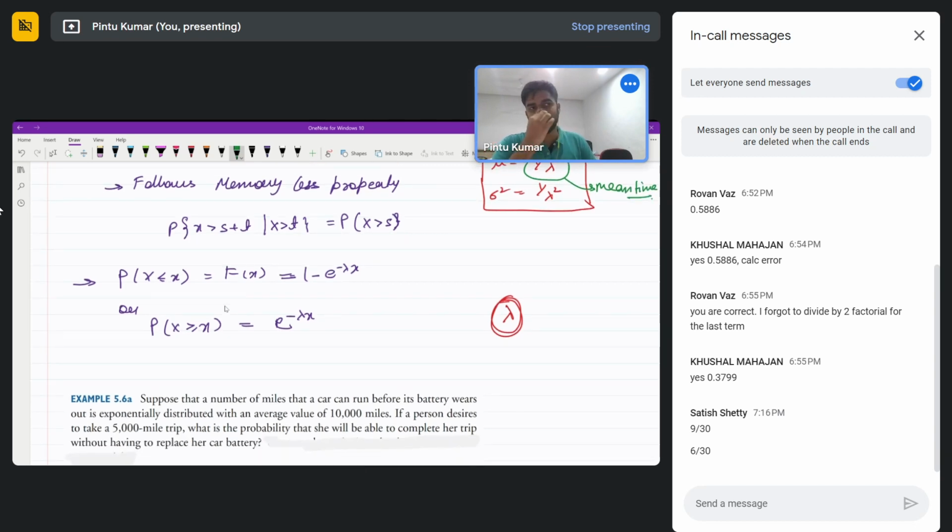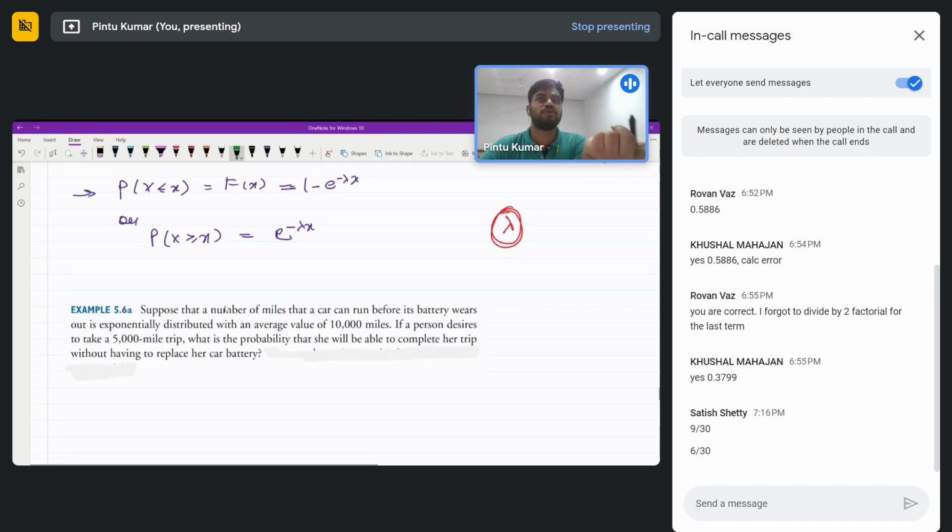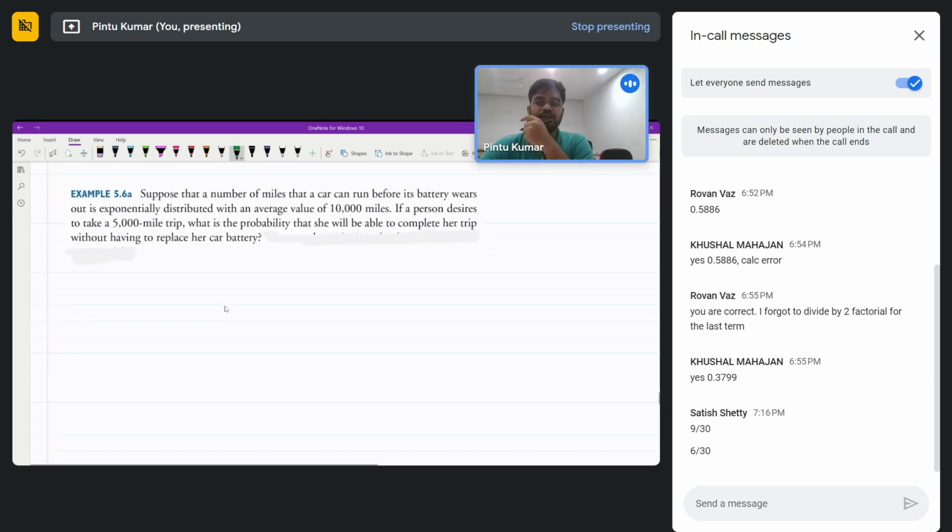If you go more deeply into the Poisson process, these things will be slightly clearer to you. But for right now, you know that your lambda is the reciprocal of your mean. So let's solve an example first. Then we will go to what the memoryless property is.